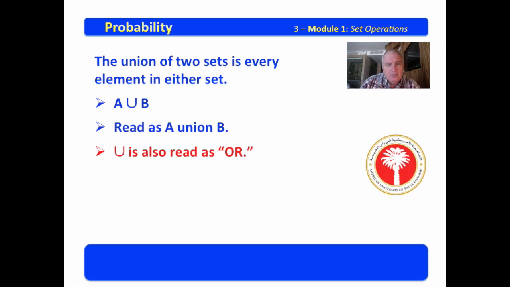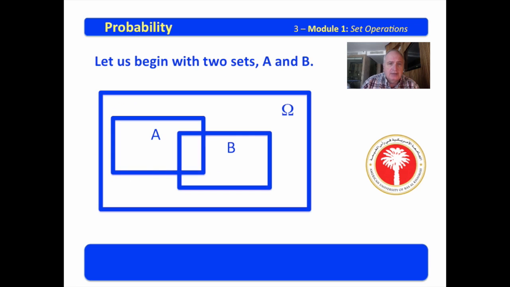Union is also read sometimes as or. A or B, A union B, that means every element that is in set A or in set B. So a union means it's in one set or it's in the other set.